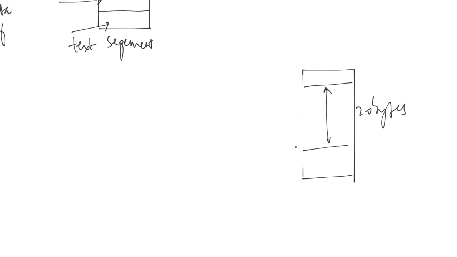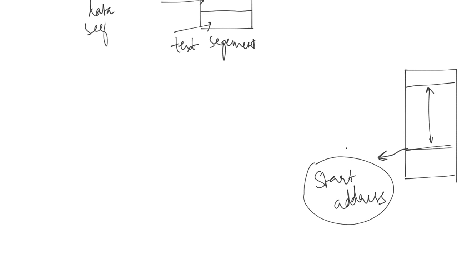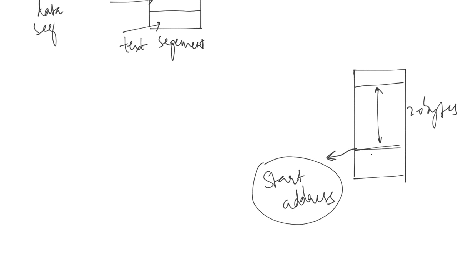So malloc will allocate 20 bytes of memory in the heap, and it returns the start address of that memory segment, which should be stored in a pointer, to be used as a handle to access the allocated space.